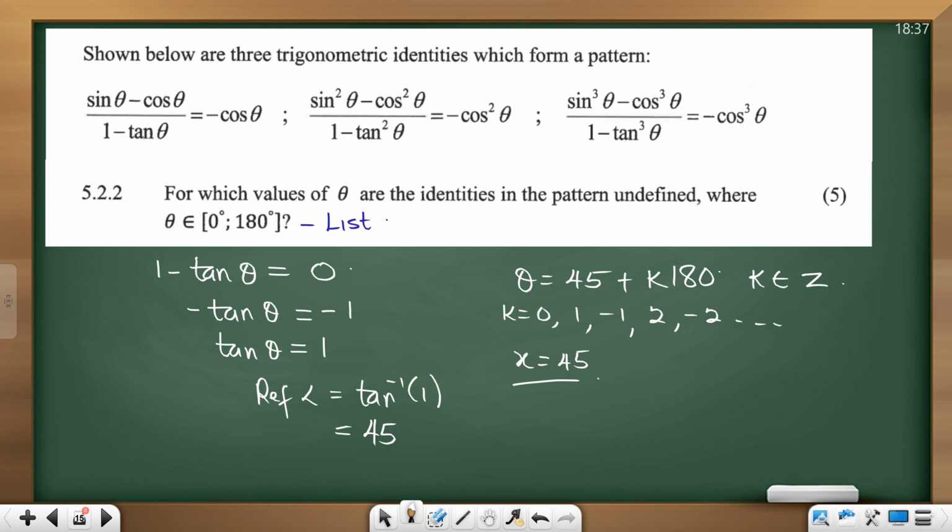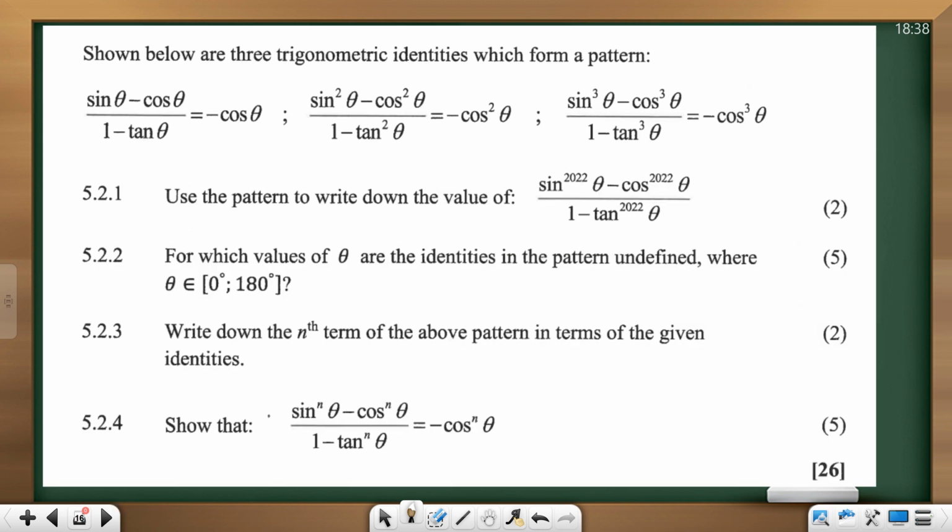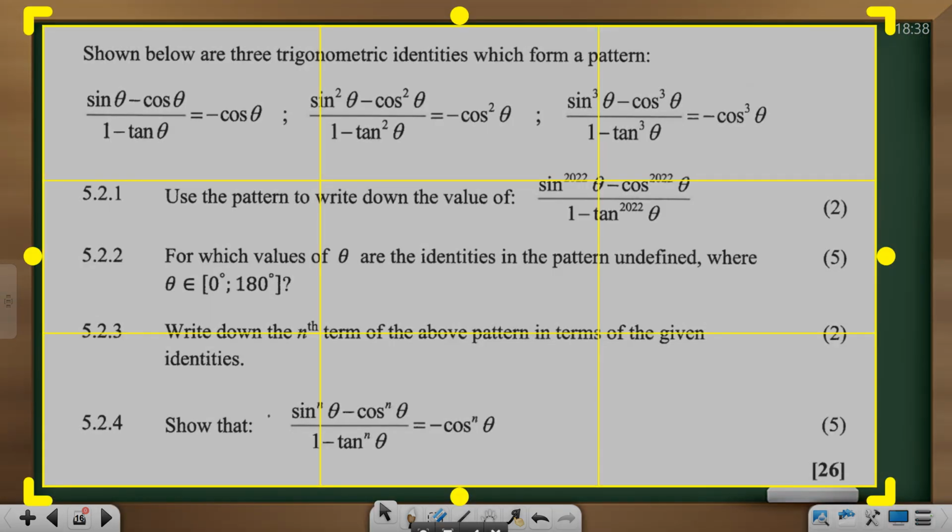Huh? 5 good marks. Okay. 5.3. Quickly look through. Tell me what your answer is.